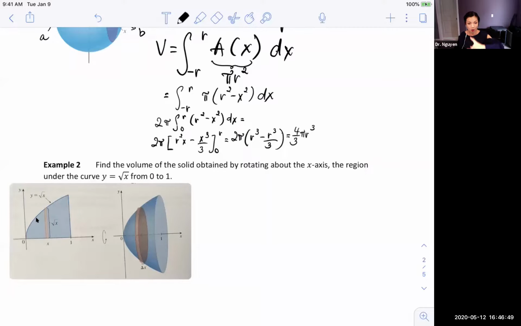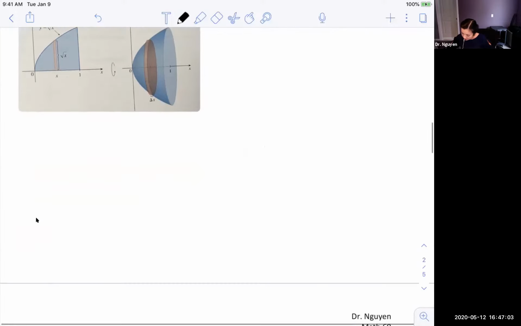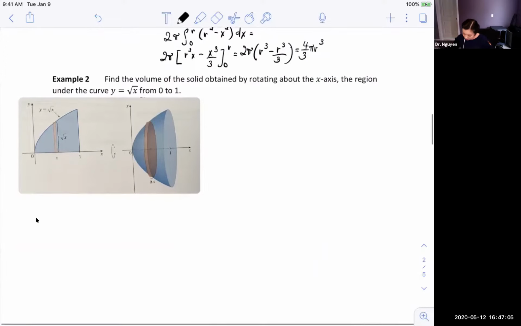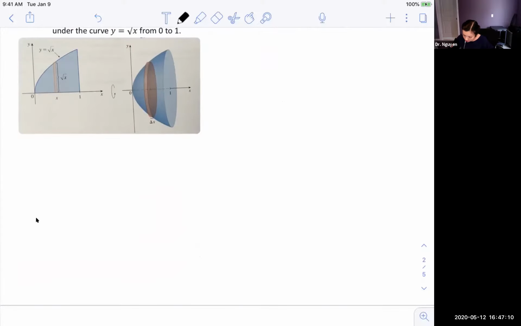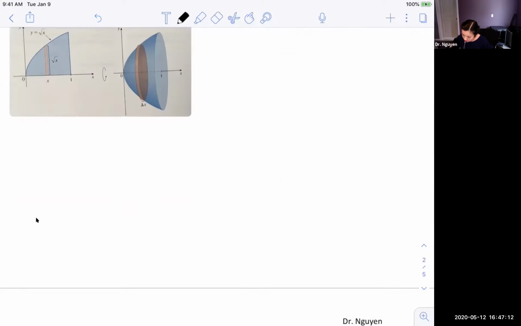That's how you get the whole shape, right? The solid lies between x equals 0 and x equals 1. So I'm going to put it down here. The volume goes from 0 to 1, of the cross sections A(x) dx.